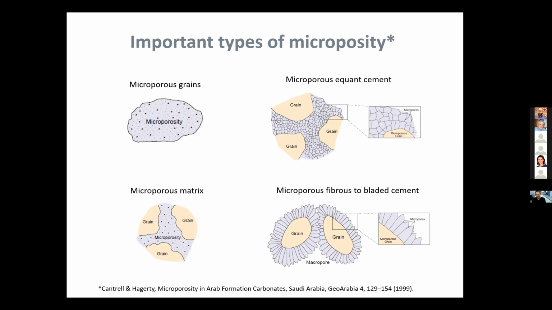So there are 4 important types that can be analyzed and can be seen when you are looking to understand some physical mechanisms occurring at pore scale.